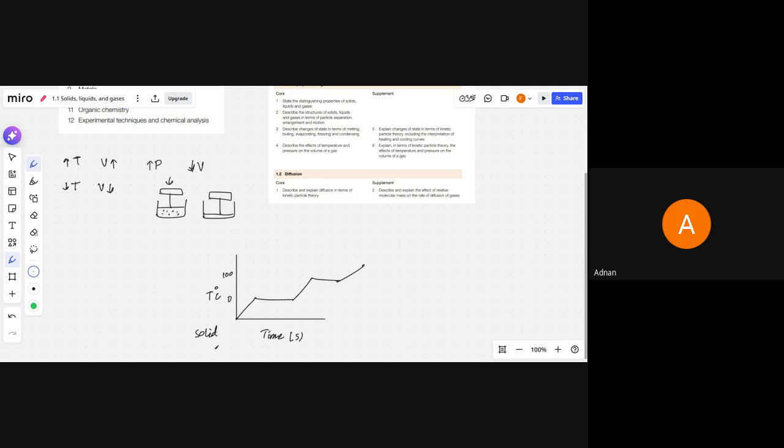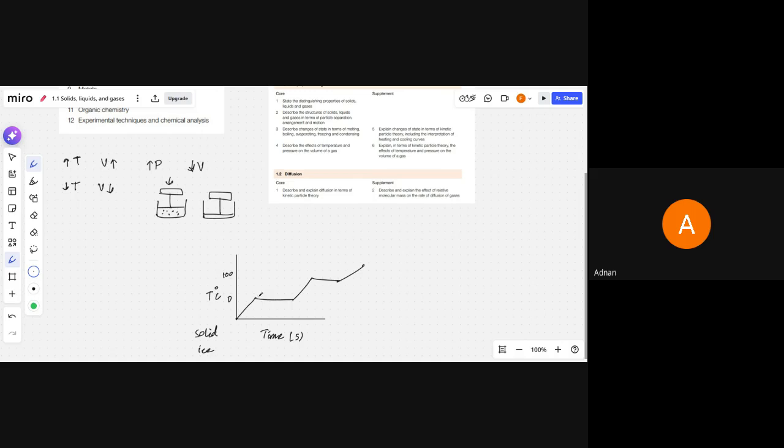Let's say it's in the form of ice, right? So let's say we start heating ice, so the temperature of ice will increase, and it will go all the way up to 0. And once it reaches 0, you can see that the temperature stops changing, even though we are providing heat to the sample, but still the temperature is not rising further.